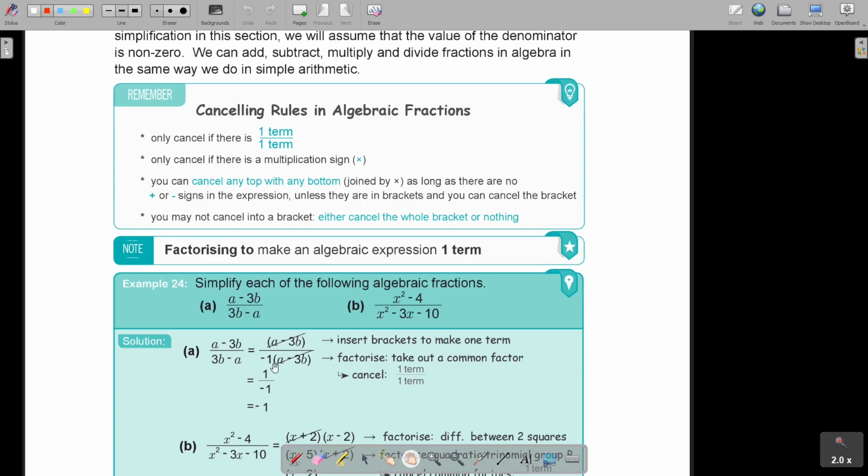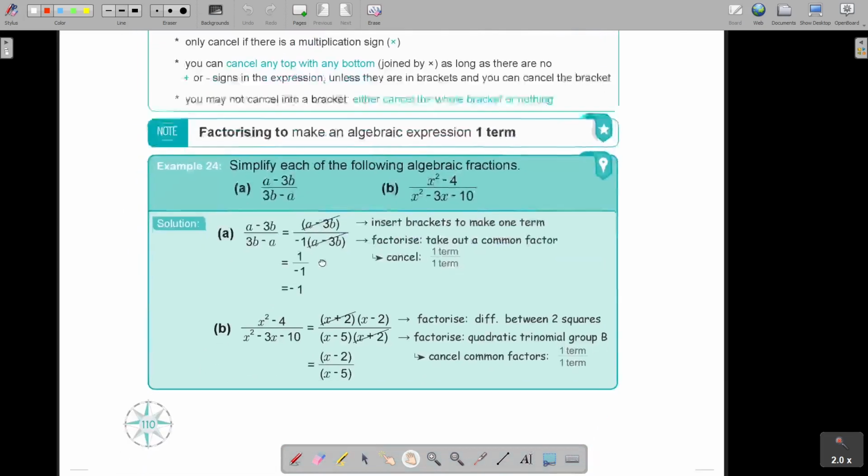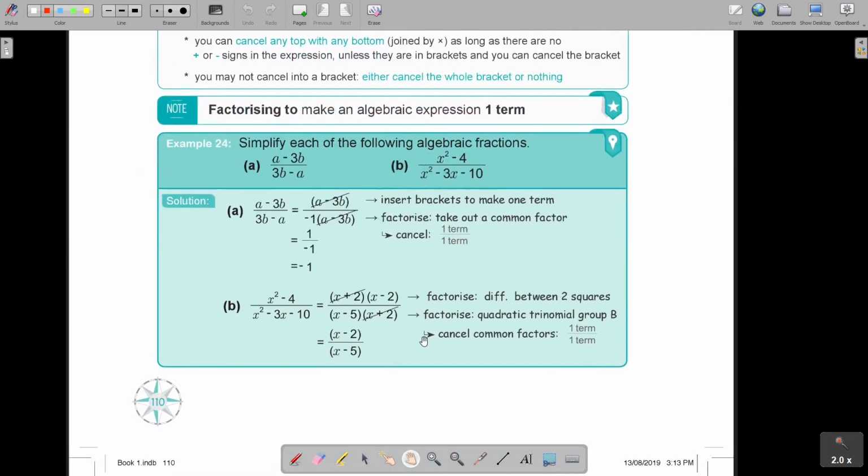There I will just put a bracket. And then I can cancel, and then I have -1. The same here. This is difference between 2 squares. I will factorize. I use factorization. There is trinomial. I factorize. Then I have one term over one term. And this can cancel out. And then this will be your final answer.